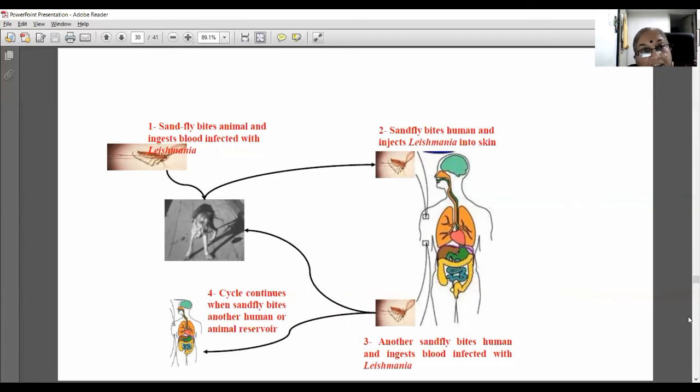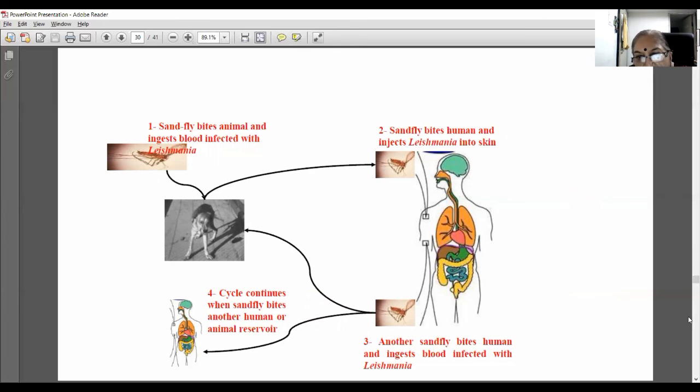Now when the sandfly bites an animal and ingests the blood infected with Leishmania, and then it goes and bites the human being, it is going to release the promastigotes.